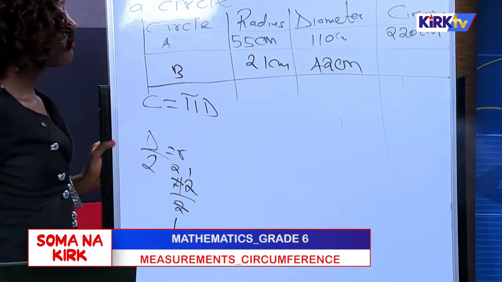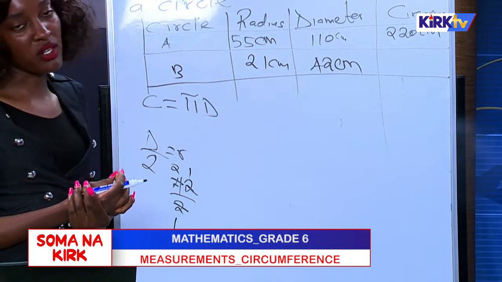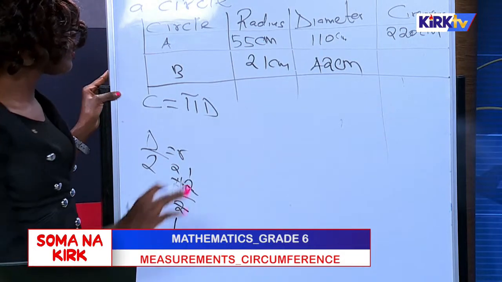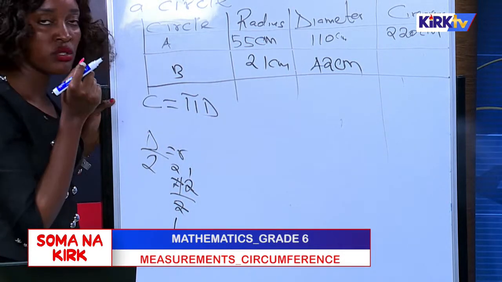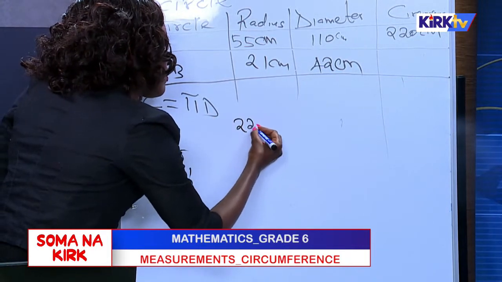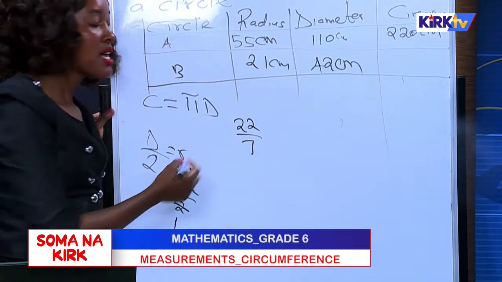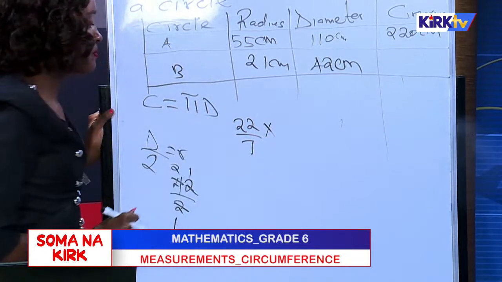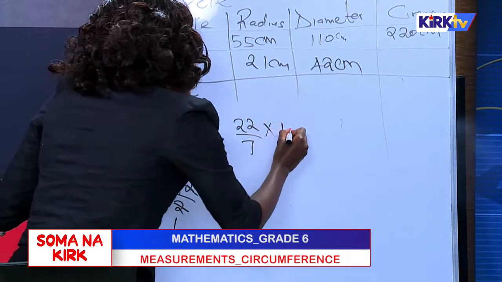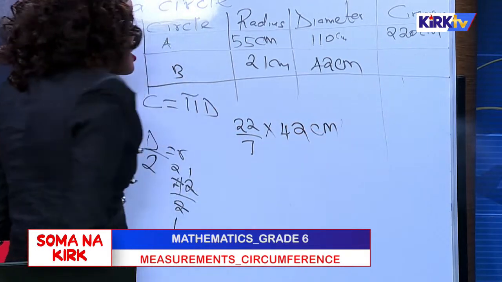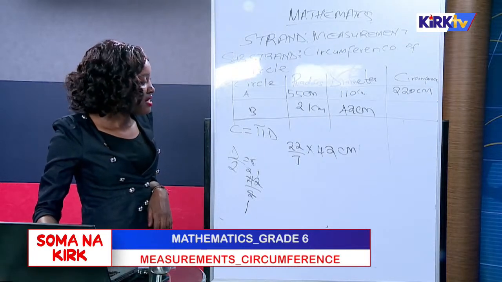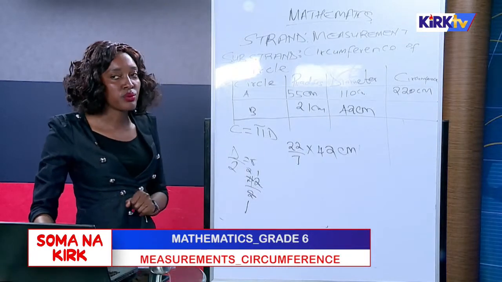Then we have the circumference. Go back to our formula. We said that circumference is equal to pi d. So we are going to take pi as 22 over 7, times diameter. Our diameter is 42 centimeters. Again, back to multiplication. Which number, when you multiply by 7, gives you 42?